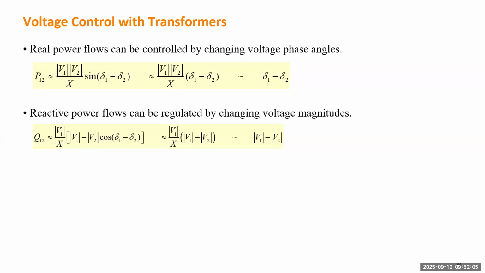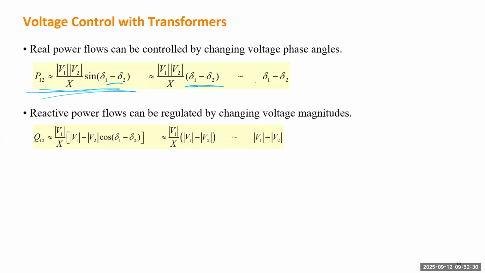All right, so I will further talk about the application of a transformer in a real power system, focusing on voltage control using a transformer. We know the real power flow can be calculated based on this formula. If the angle is very small, the sine of the angle difference can be replaced by the angle difference.